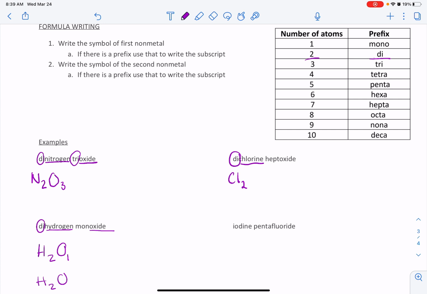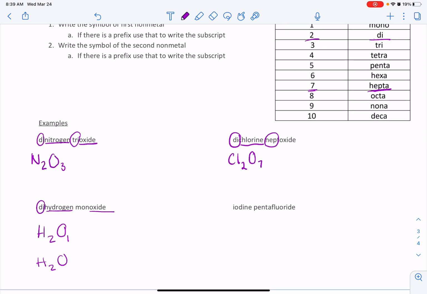Heptoxide, again, oxide is O. And then hept is 7, so I'm going to put a little 7 here. Notice that I'm putting all my numbers as subscripts. Subscripts means the number is at the bottom. I'm not putting any numbers at the top. They're always at the bottom here for covalent bonding. This is different from ionic bonding where the charge is a superscript, which is at the top. So just always remember with covalent, everything goes on the bottom.